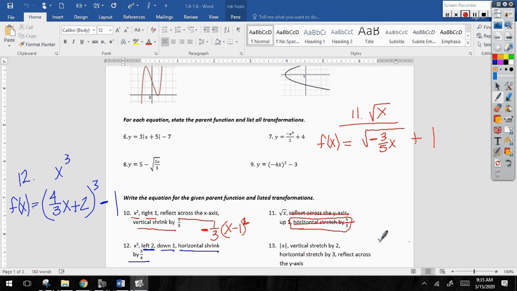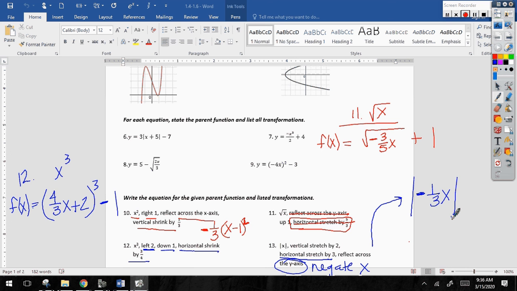All right, number 13. Let's see what we got horizontal. We got a horizontal stretch of 3, and then the reflect across the y-axis, that's going to have me negate my x. So I'm starting with the absolute value of x, horizontal stretch of 3, again flip it, because everything is opposite, right? But then it says it's also got to be across the y-axis, so I need to negate my x.